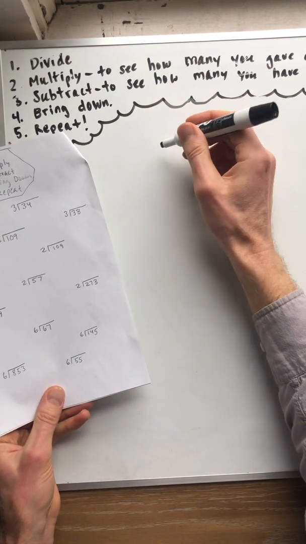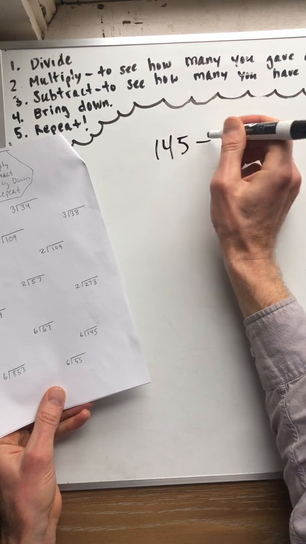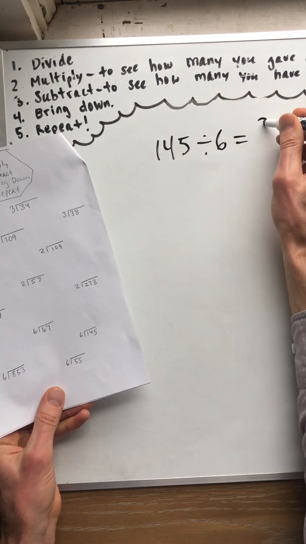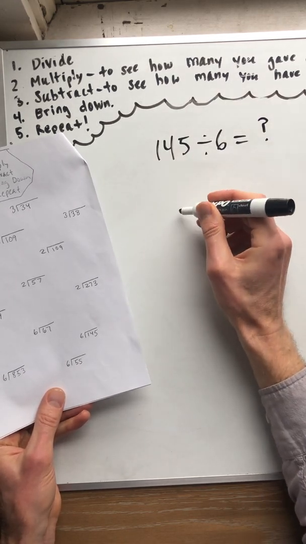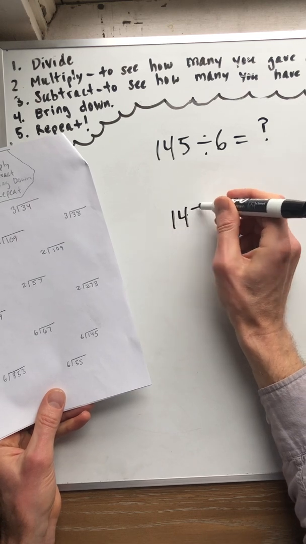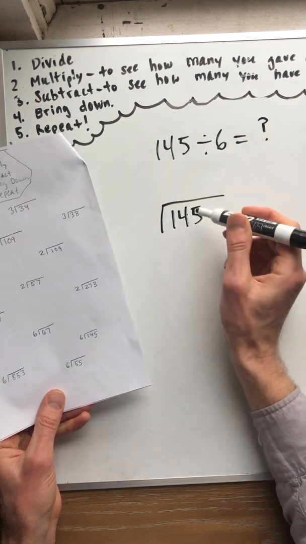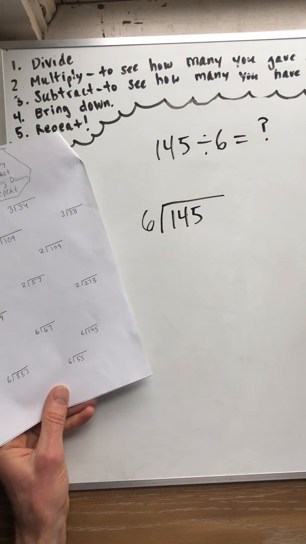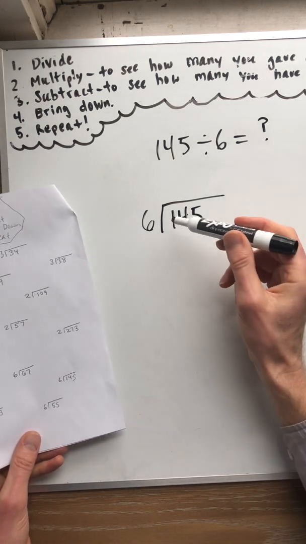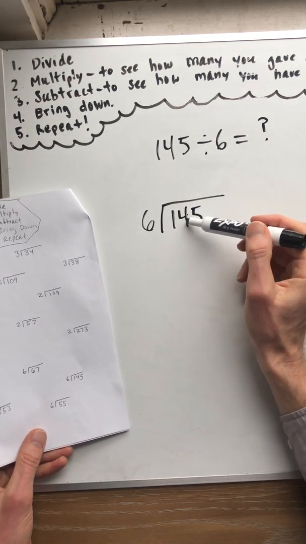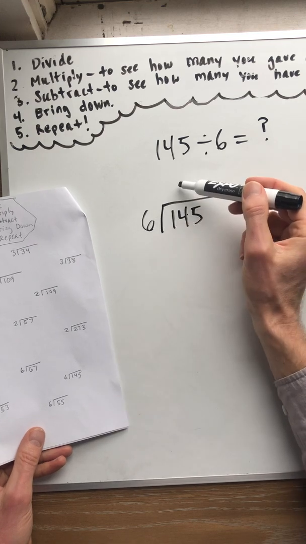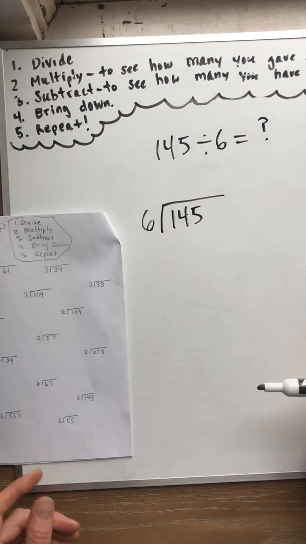So the problem is 145 divided by 6, which also looks like this. The big number goes inside that L, and 6. So the thought is 145 divided by 6, or 6 times what equals 145?